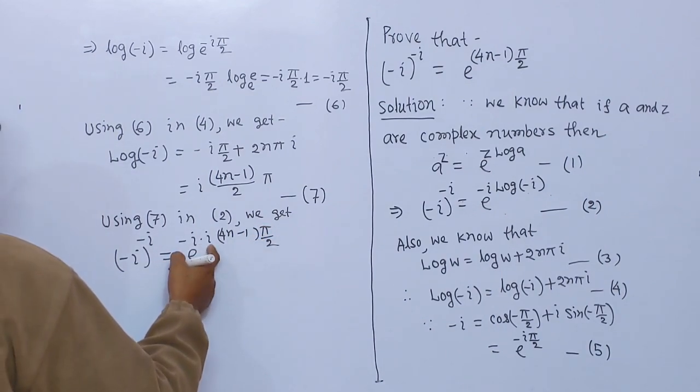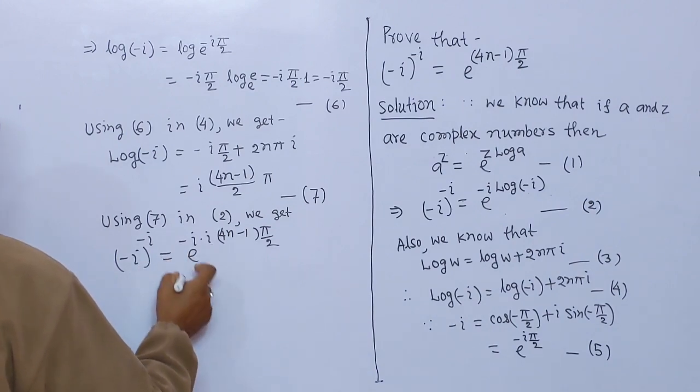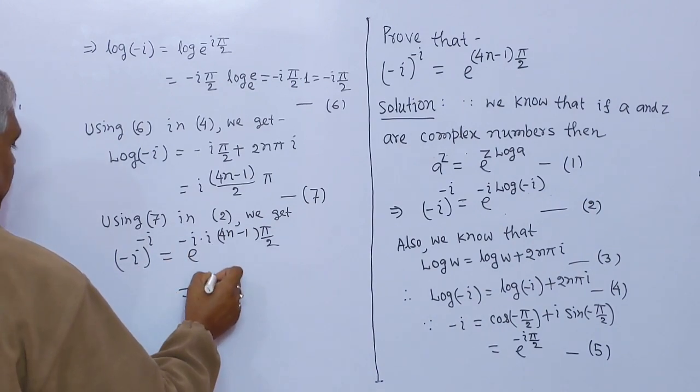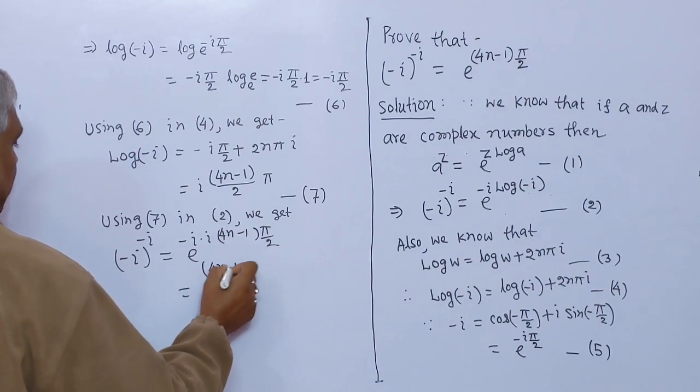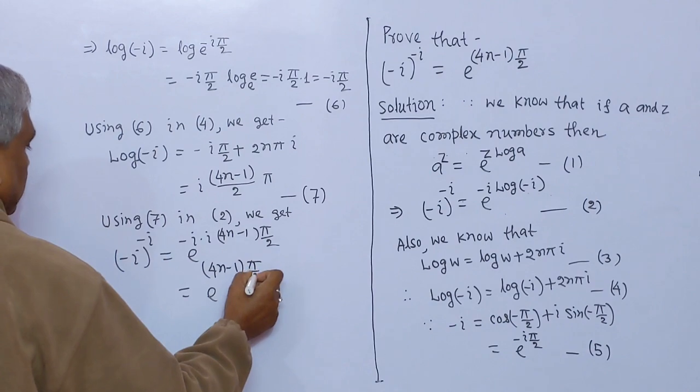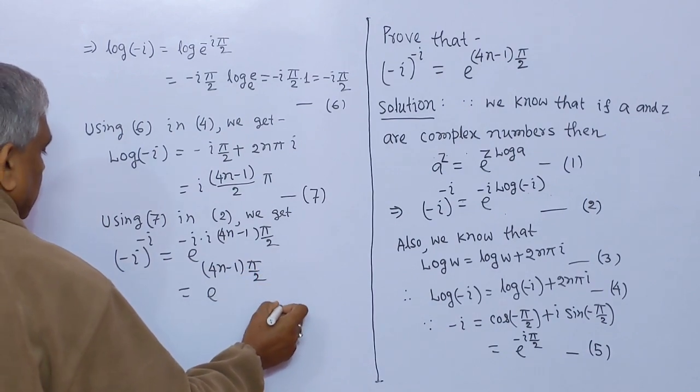This i multiply i is -1 and minus minus is plus 1. So this is equal to e^((4n-1)π/2). Proved.